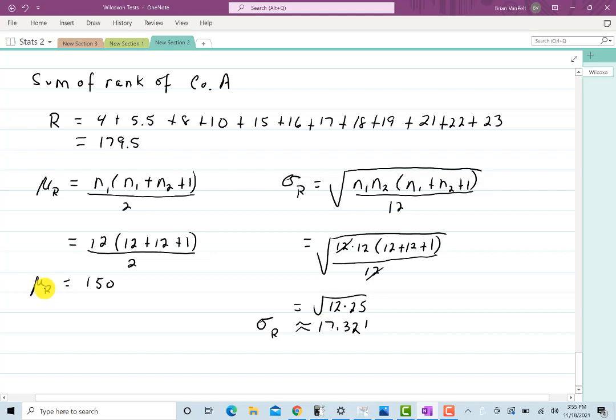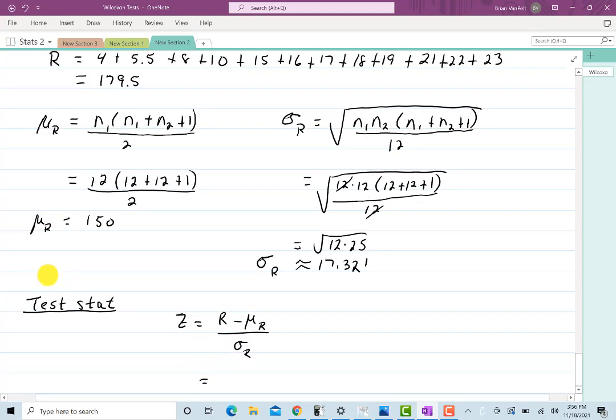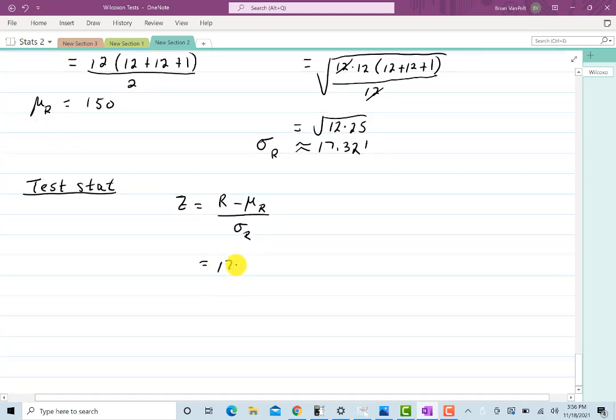Now let's calculate the test stat. Here we're going to use z, so you know it's going to be the normal table that we use for our critical numbers. That's r minus mu sub r divided by sigma sub r. My r is 179.5. Mu sub r is 150. Sigma sub r is 17.321.